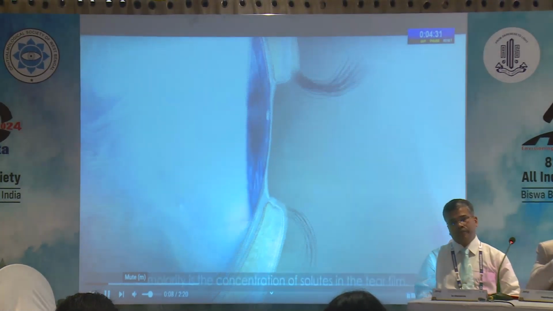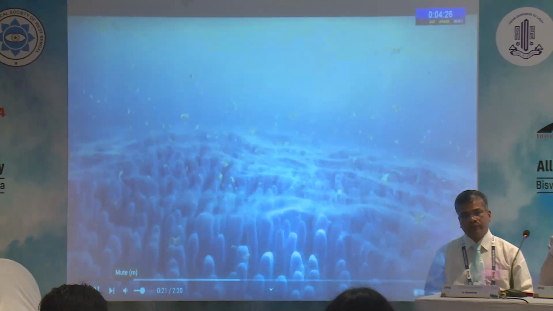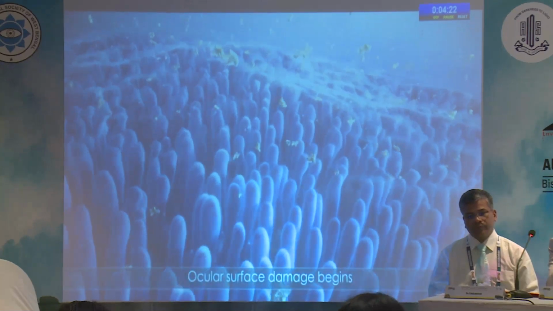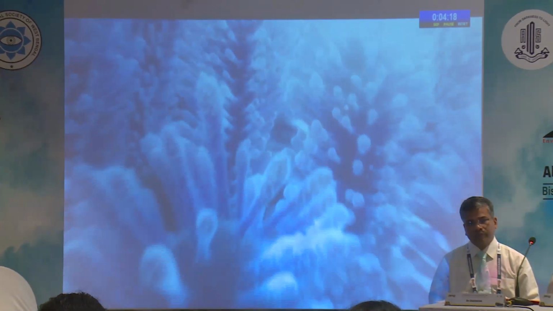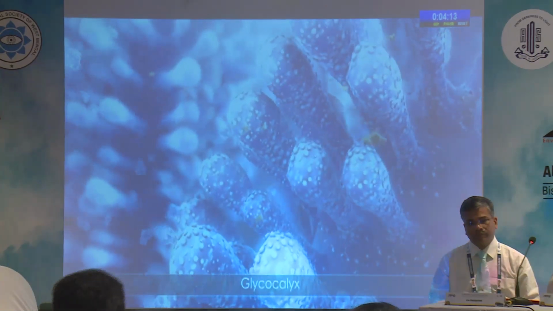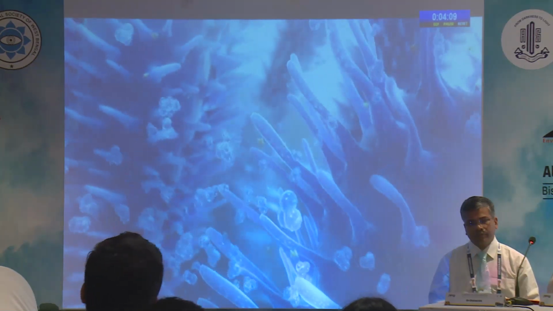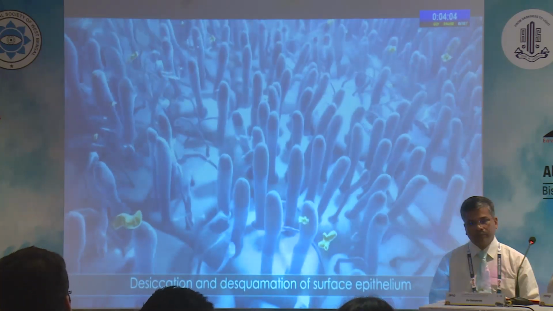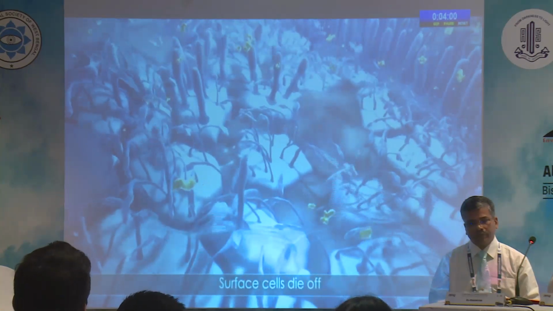DEWS 2 has defined dry eye as a multifactorial ocular surface disease which is characterized by tear film instability and hyperosmolarity. These two have a synergistic effect which causes ocular surface homeostasis to be disturbed, and this is particularly relevant in children, giving rise to loss of epithelium because they have a chronic ocular inflammation secondary to vernal keratoconjunctivitis.